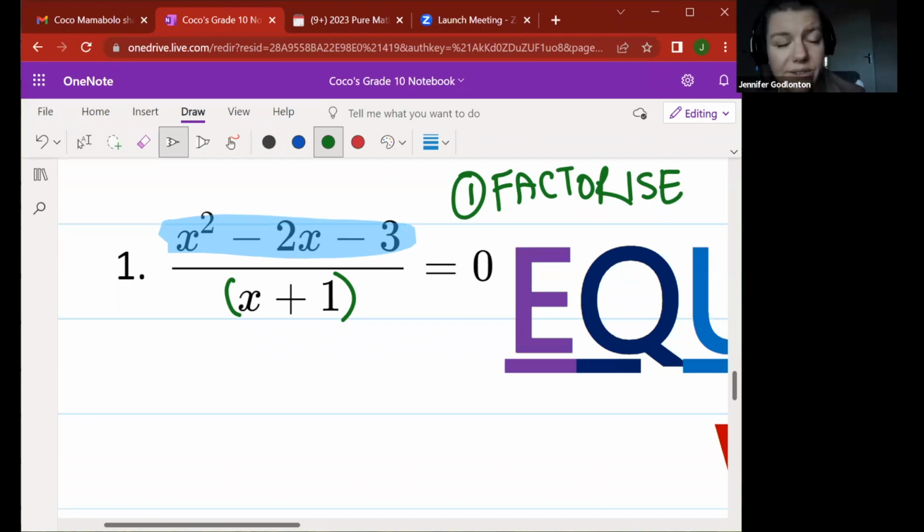You don't have to give me the full answer, just the factorized version of that trinomial. If you can put that in the chat, that would be great. And then I'll show you what we can do, because then it gets super fun. All we need to do at the moment is try and factorize that numerator.